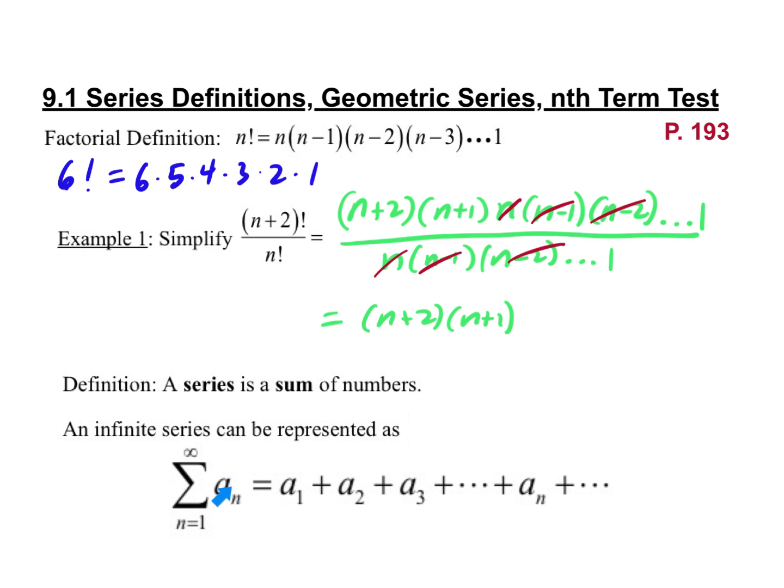A sub n is the nth term, and A sub n will eventually represent a formula for each of these terms. So you go from n is 1, n is 2, n is 3, n is 4, n is 5, up to n is infinity.